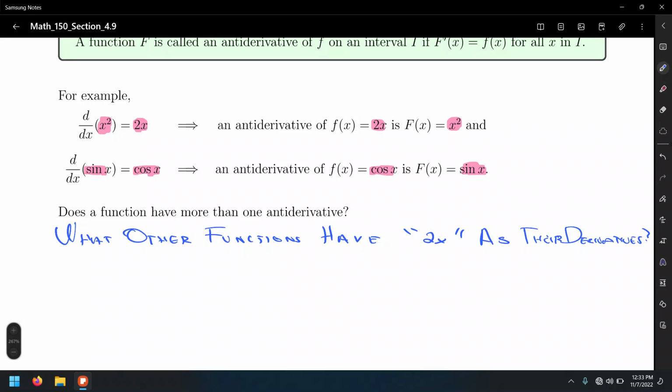Well, of course, number one, we have an example f of x, or let's call it big F, because this is the antiderivative, that's x squared.